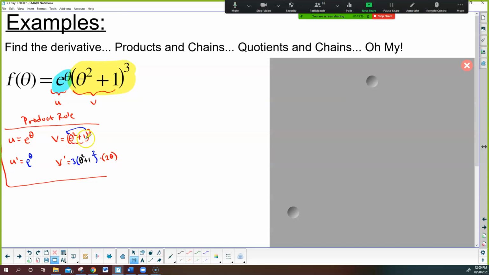The plus 1 is the derivative of 0. And I would clean this up before I actually do anything else. See the 3 and the 2? That's going to multiply together to give me 6 theta. And there is now the derivative of the second.